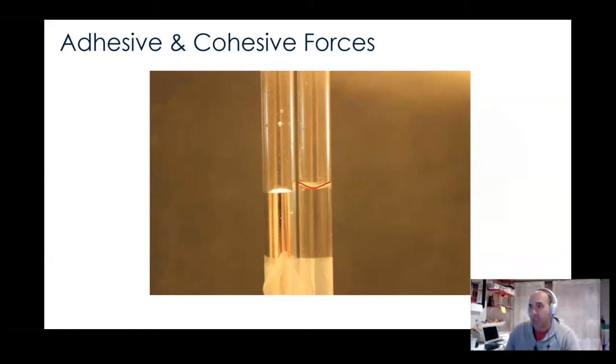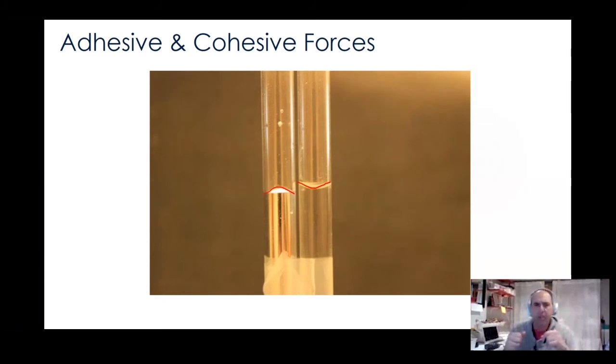We look for a concave meniscus. That's normal. But if you put mercury in a glass tube, now, we don't have mercury thermometers anymore, but mercury in a glass tube has a convex meniscus. So what's going on?